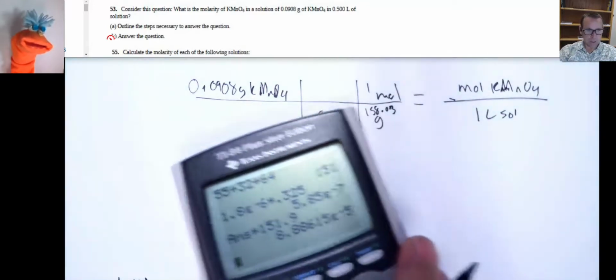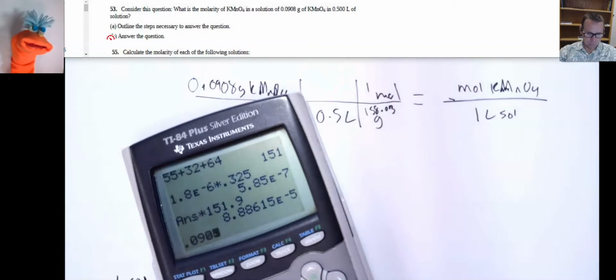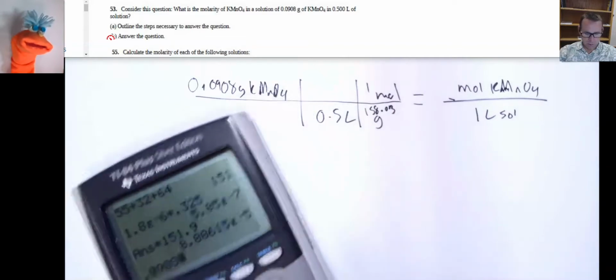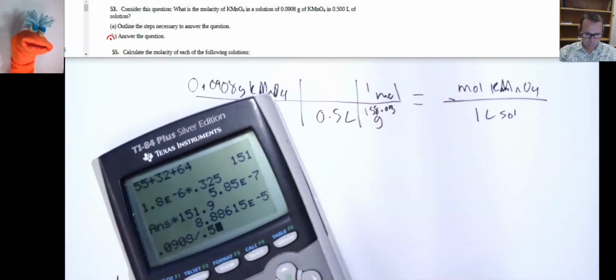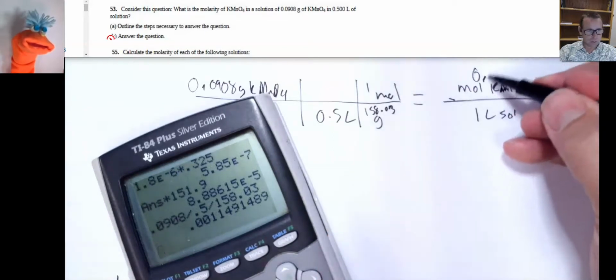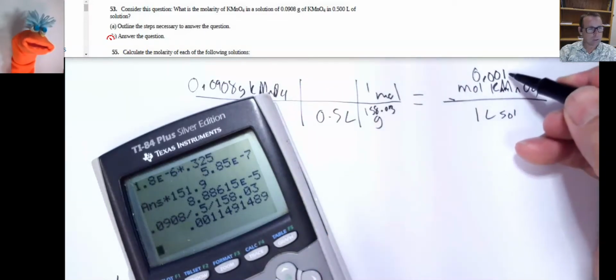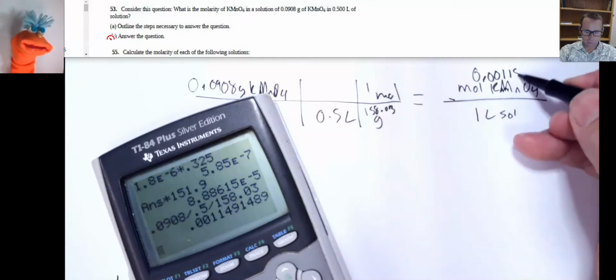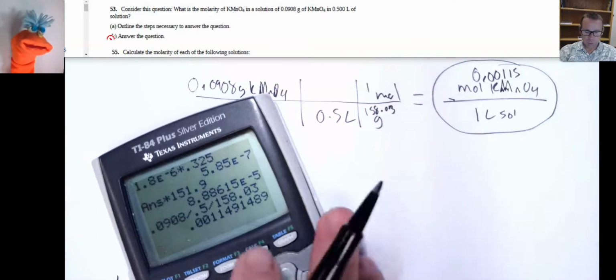So 0.0908 divided by 0.5 divided by 158.03. So 0.001, how many significant figures? 3. 15 molar potassium permanganate.